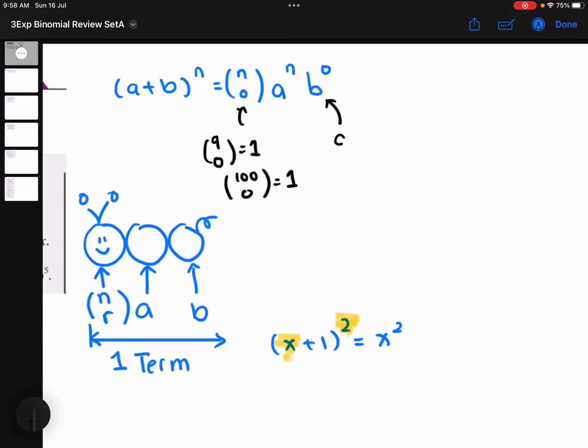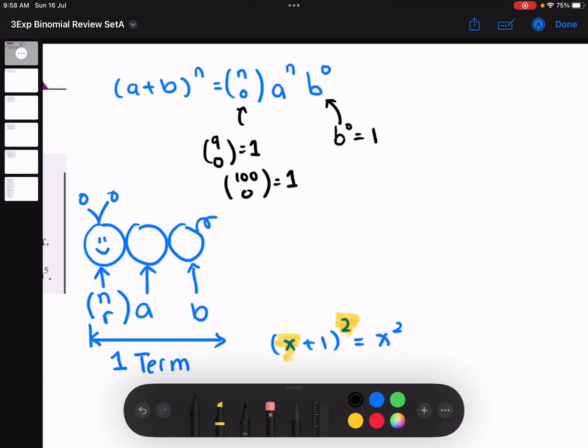Anything to the power of 0 is also a 1. That is why when we do our binomial expansion, these two terms do not appear because they are 1. That's why we don't write it. That's why we will conveniently cancel it. It's not 0, I cancel because it's 1.